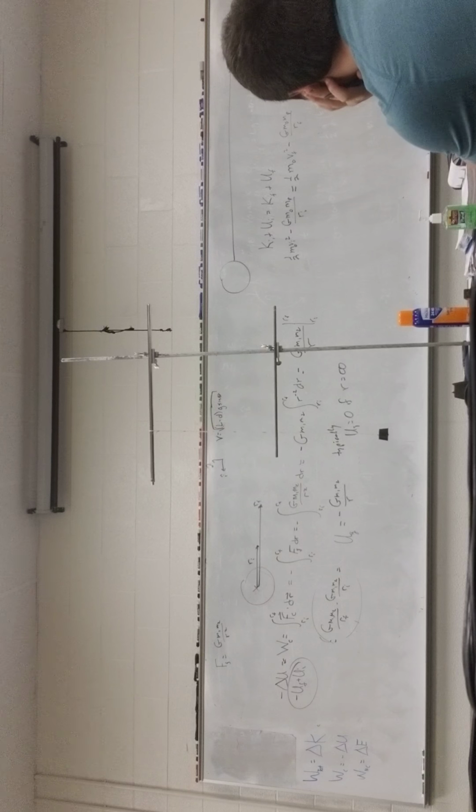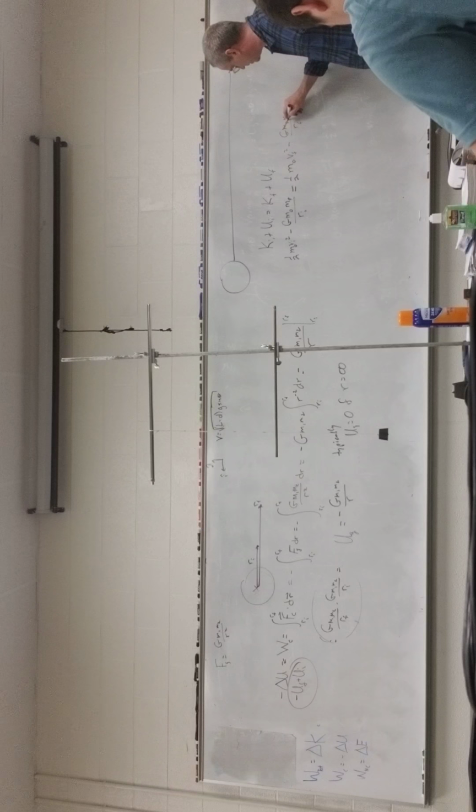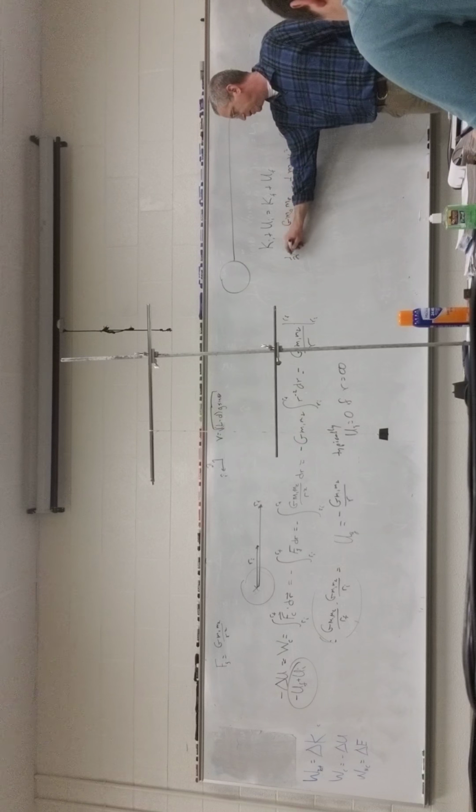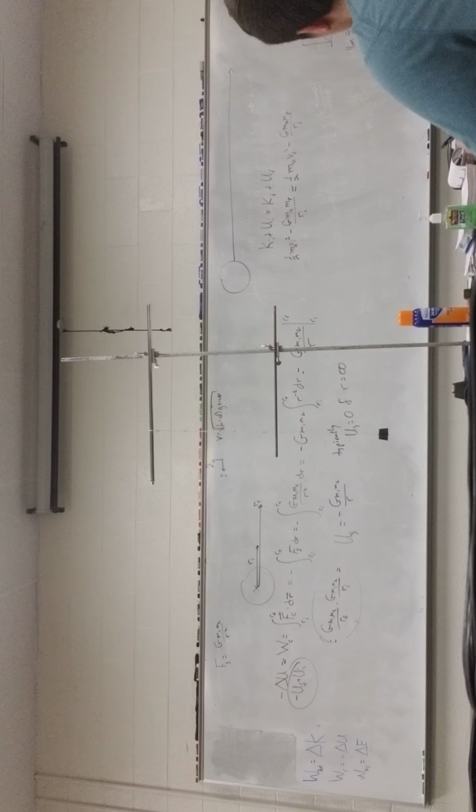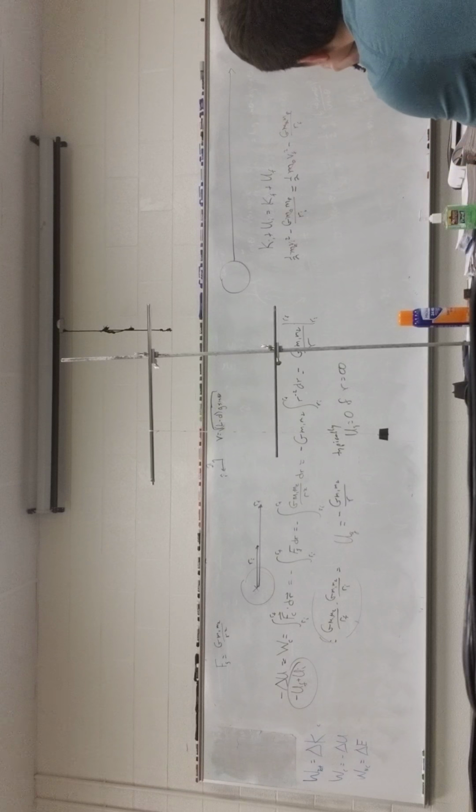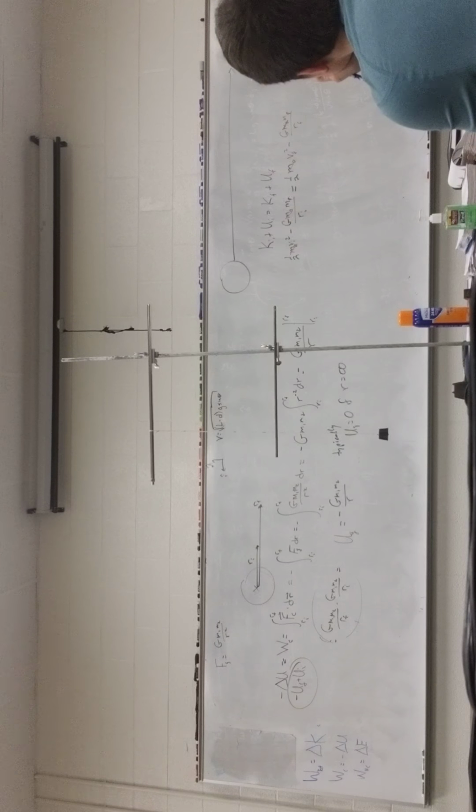So now we are left with, what can we get rid of? The massive object, we still have the planet, we can't get rid of that. What about the final potential, since the radius goes to infinity?